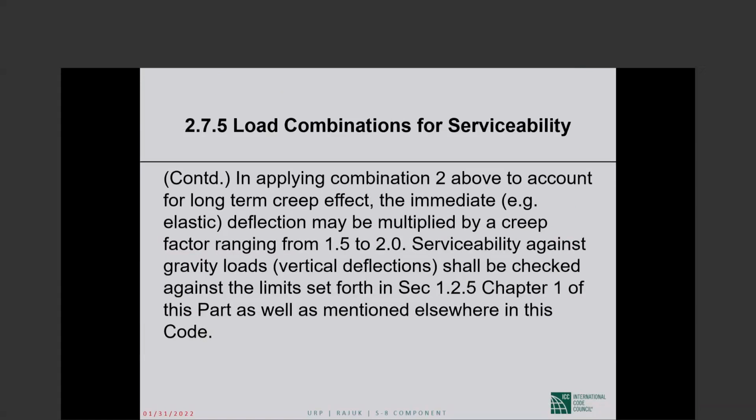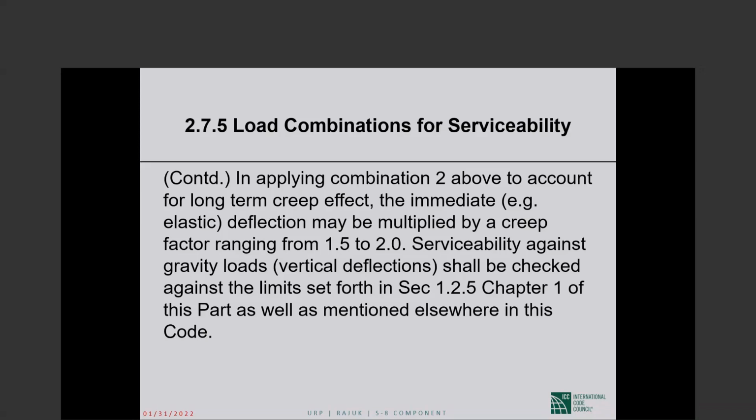Remember, in concrete, we calculate the immediate deflection and multiply that by 2 for long-term deflection, not the total. So long-term deflection is equal to twice the short-term deflection. Total deflection at the end of so many years is the long-term plus the short-term deflection, which is 3 times the short-term deflection.